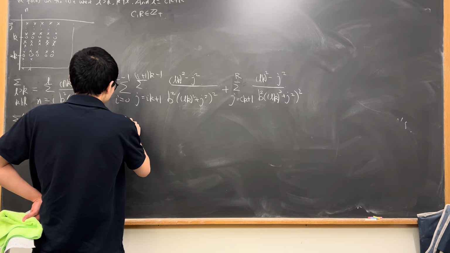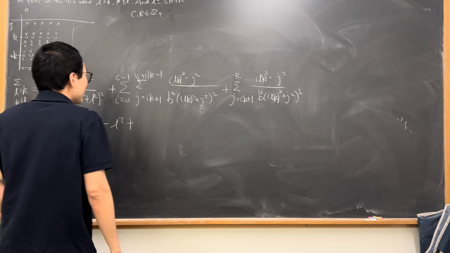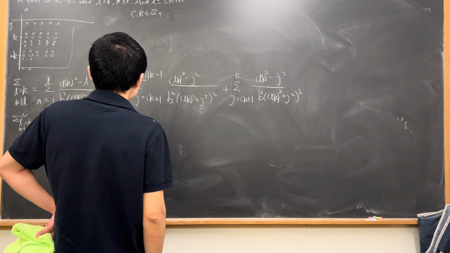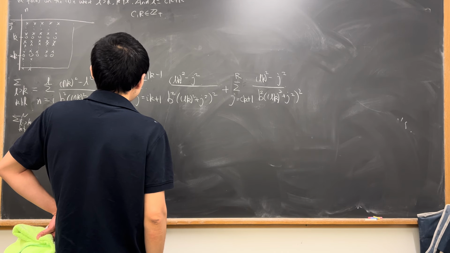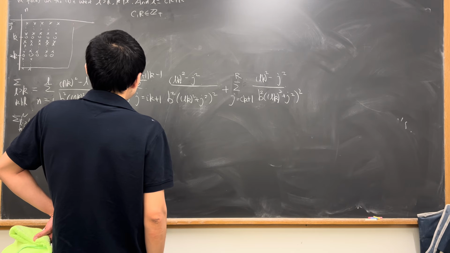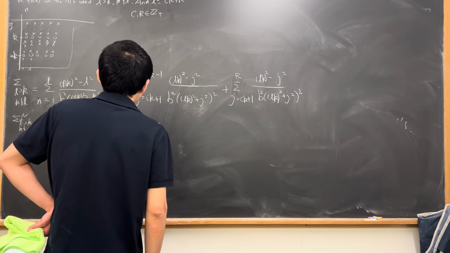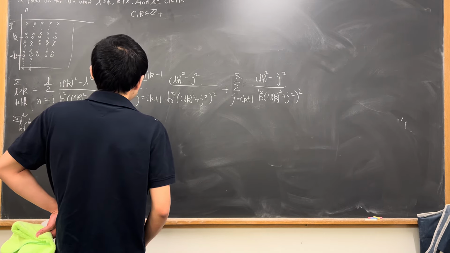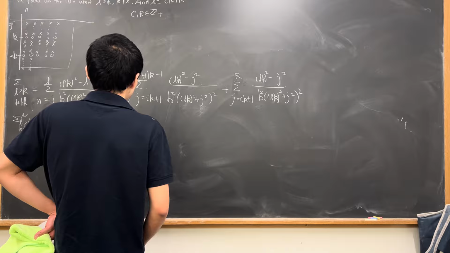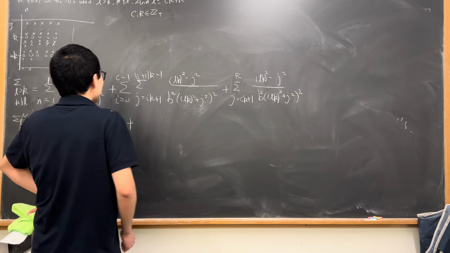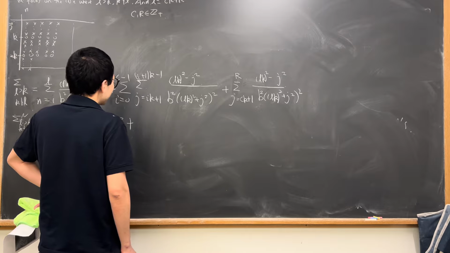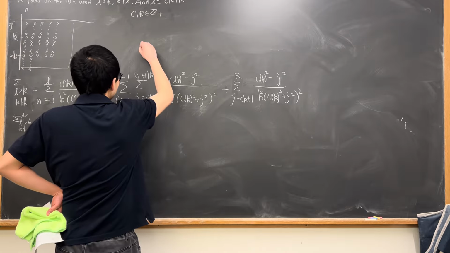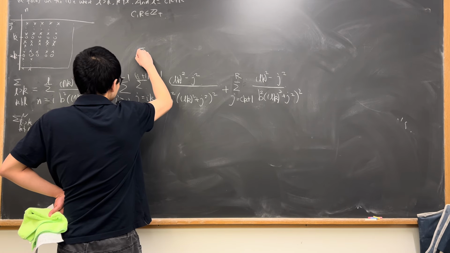And then the second one we have, so for each j, what is the sum for each j though? We can break it into two parts, right?